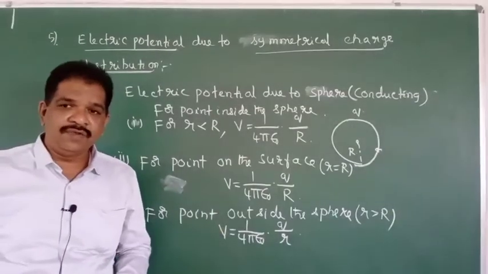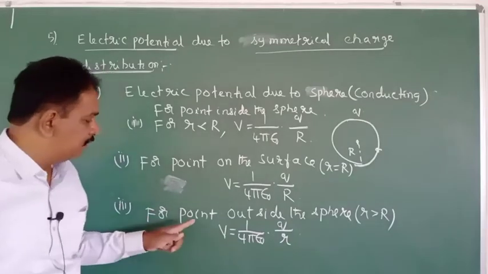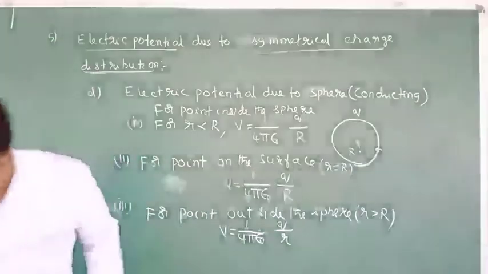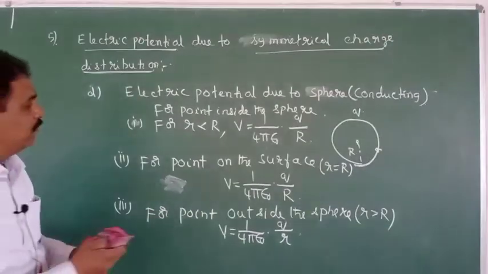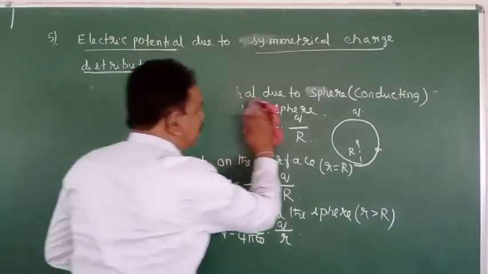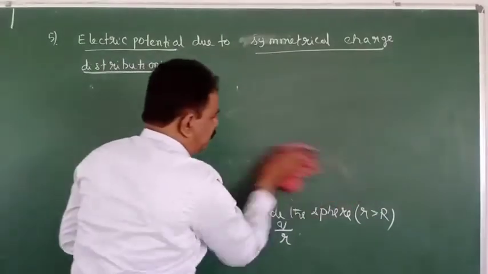These formulas we will use for calculating the electric potential due to a conducting sphere. Then how electric potential will vary with distance for a conducting sphere? Questions like that will be there.